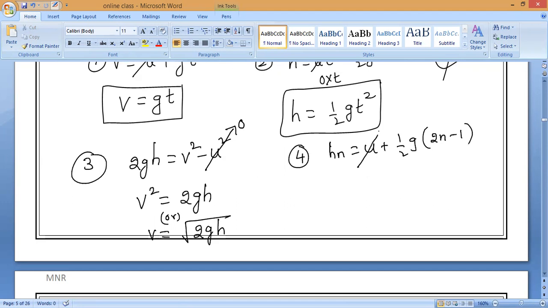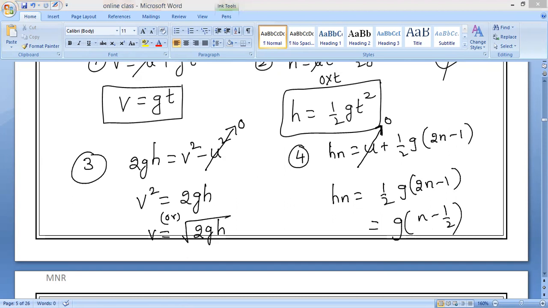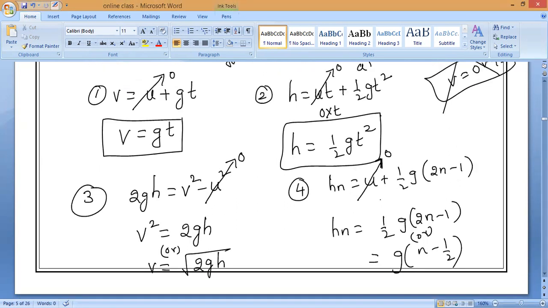Now, as we know initial velocity is 0, then h nth equals half g into (2n minus 1). In a simplified way we can say g into (n minus 1 by 2). Is it yes or no? Right or wrong? Yes, sir. These are the 4 equations of motion.